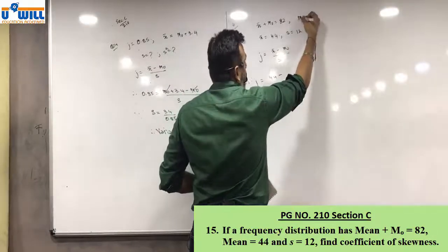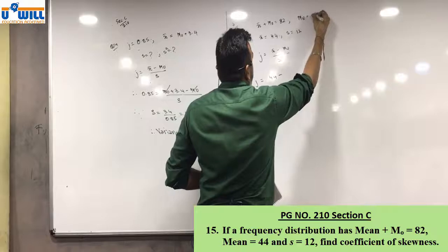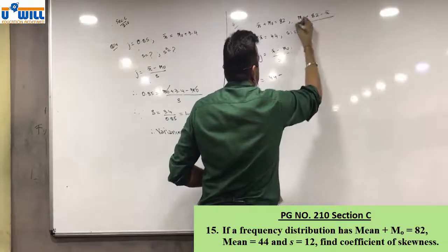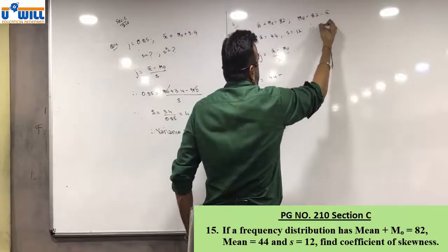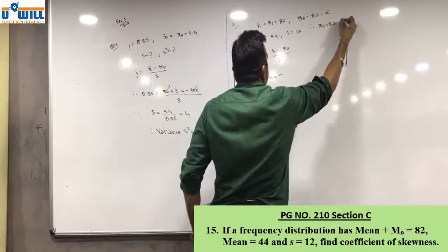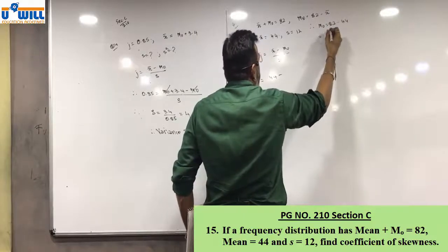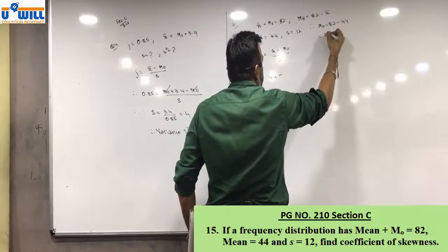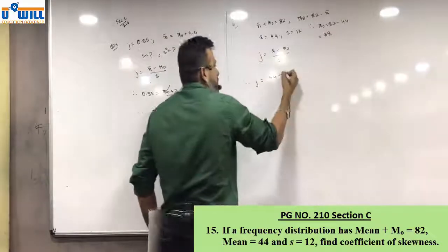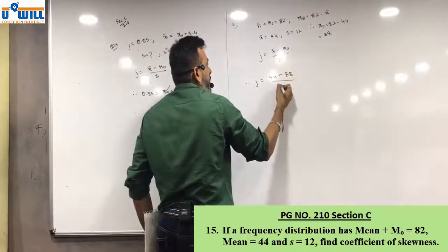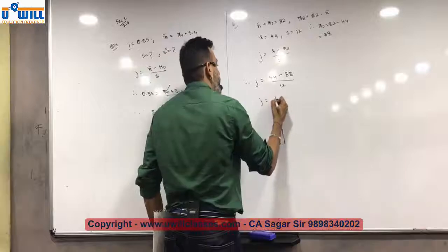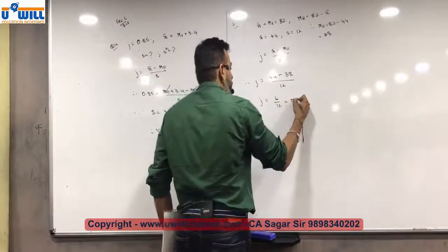Can I say mode is equal to 82 minus x bar? Can I say mode is equal to 82 minus 44, which is equal to 38? 6 upon standard deviation 12, which is 0.5.